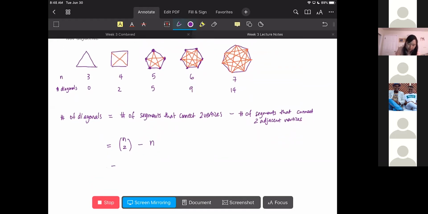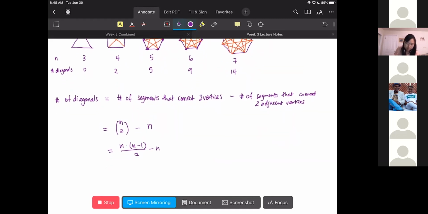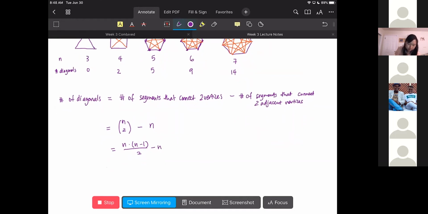So if we expand this out, what we get is n choose 2 is n times n minus 1 over 2, minus n. And then we can sort of combine this together.